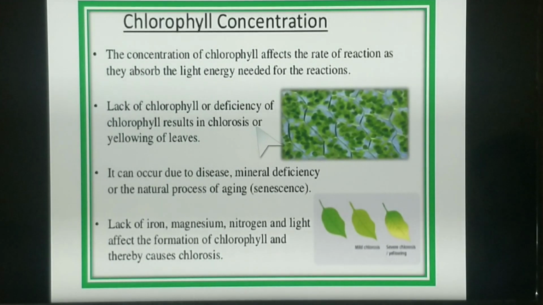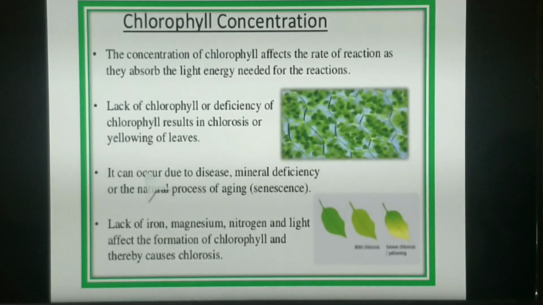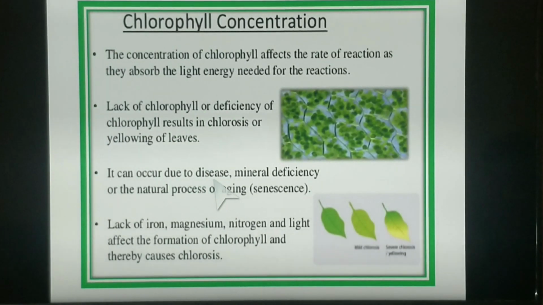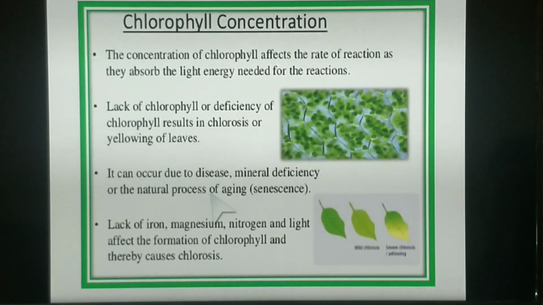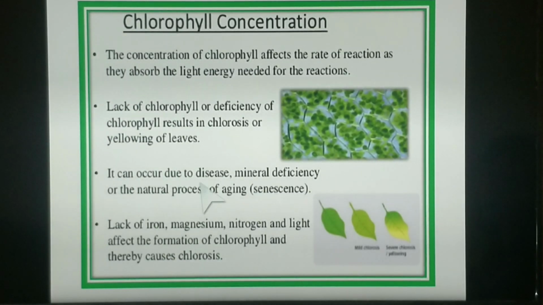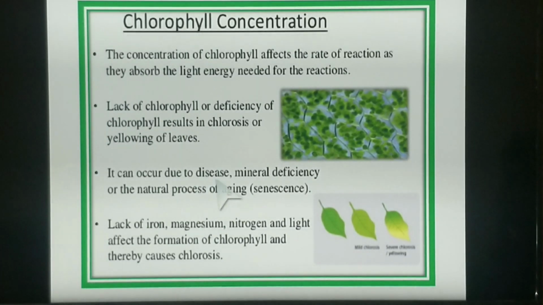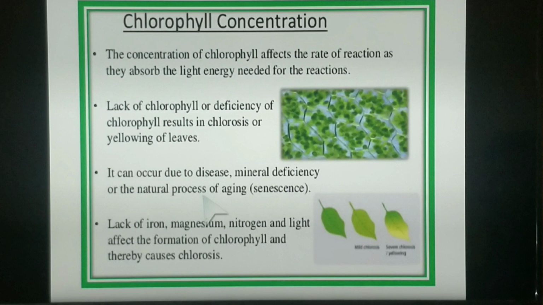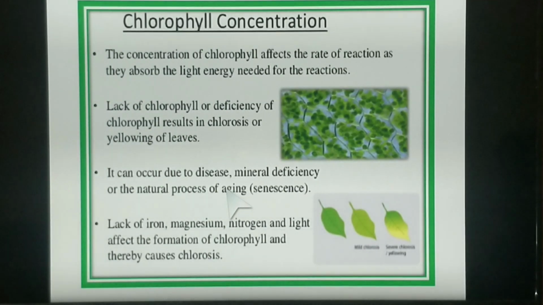called chlorosis. It can occur due to disease, mineral deficiency, or the natural process of aging, which is called senescence. That means the yellowing of leaves can occur due to other reasons also: any disease, mineral deficiency, or the natural process of aging.